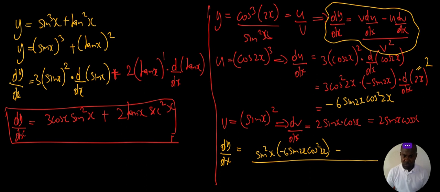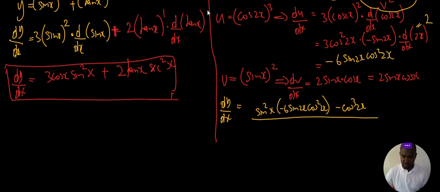What is u again? u is cos cubed 2x. This is cos cubed 2x, and then that u is being multiplied by dv by dx, which of course is 2 sine x cos x, and this is all over v squared, which is sine squared x squared.